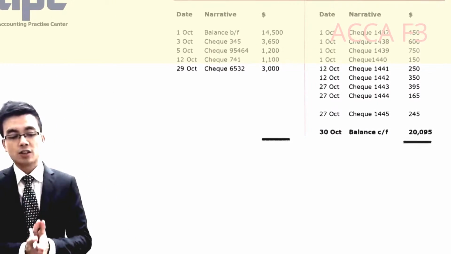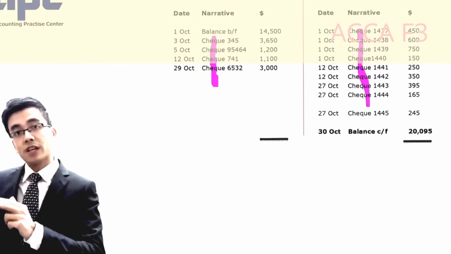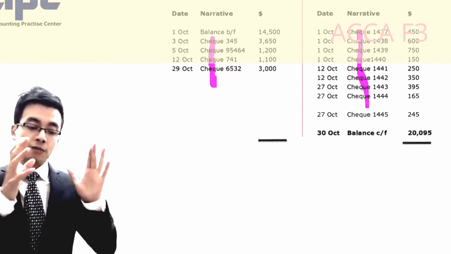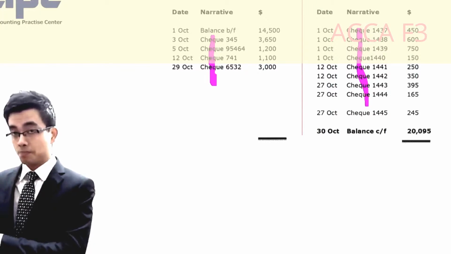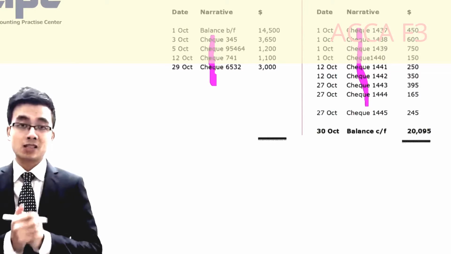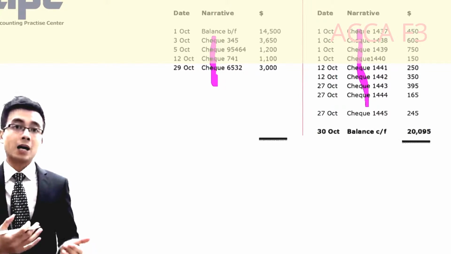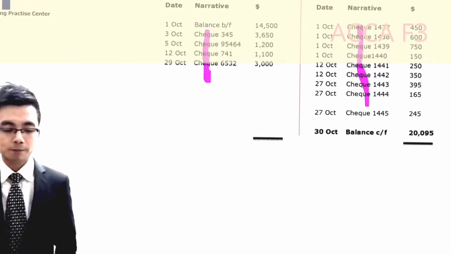We're going to compare those checks with the bank statement, and if something happens in the cash account but does not appear in the bank statement on the second page, this means that would be a timing difference.